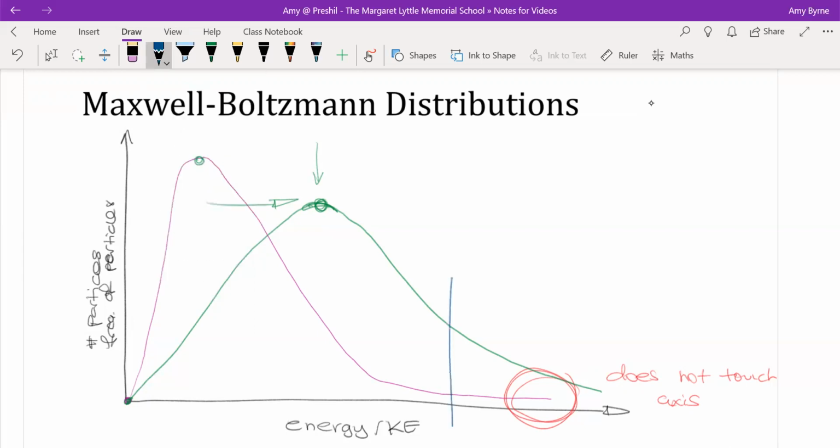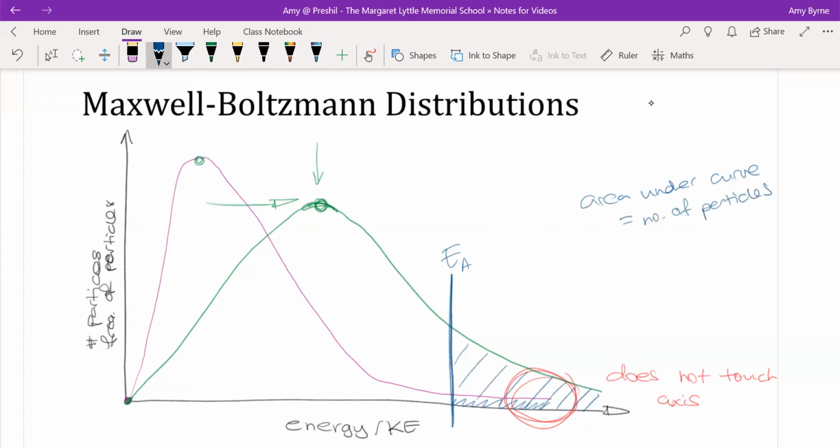What this means for our reaction rate, what if this is our activation energy? My purple curve has a much lower area under it beyond that point, much fewer particles compared to my green curve. Area under curve equals number of particles.